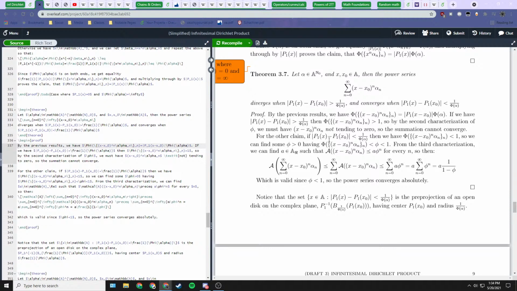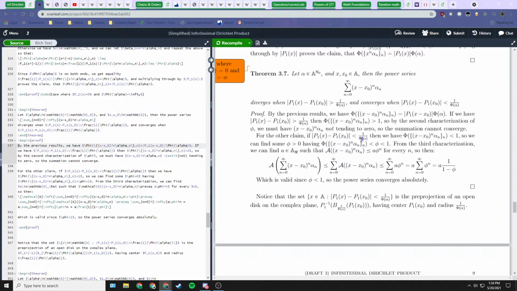The next part is the case where we have this absolute difference less than 1 over phi alpha. So by consequence, using the same logic up here, this phi value is going to be strictly less than 1.